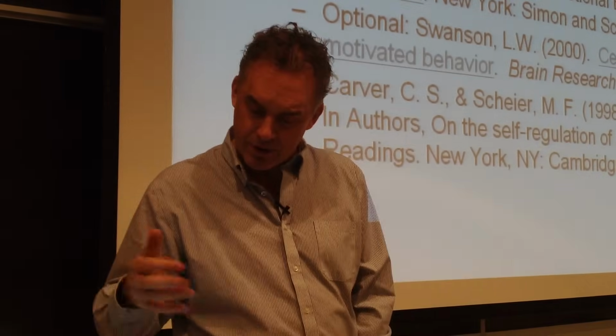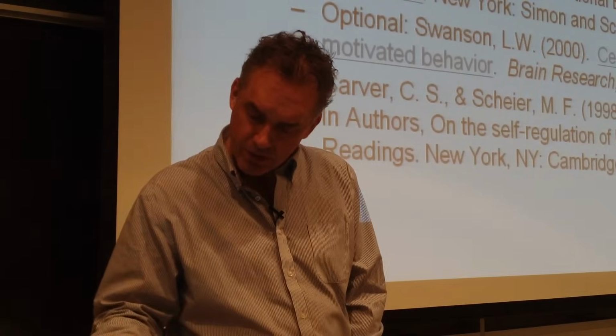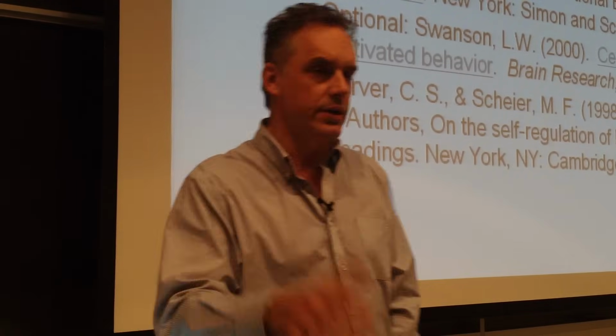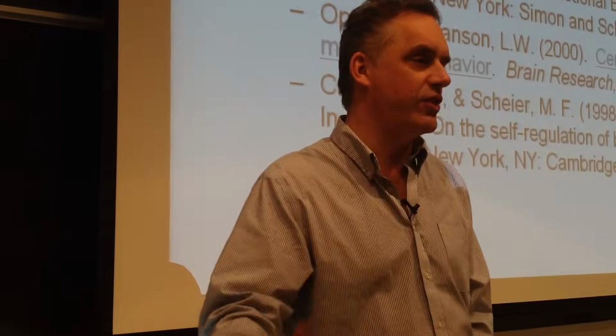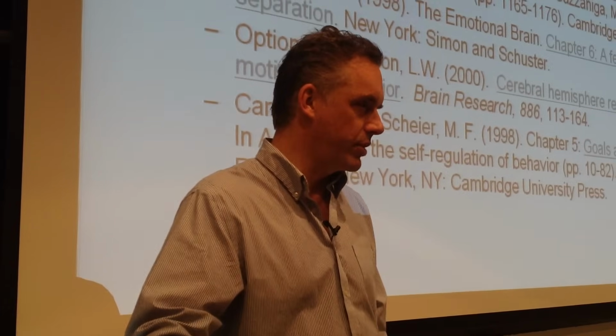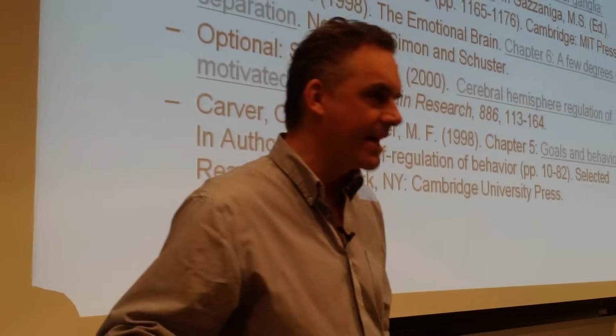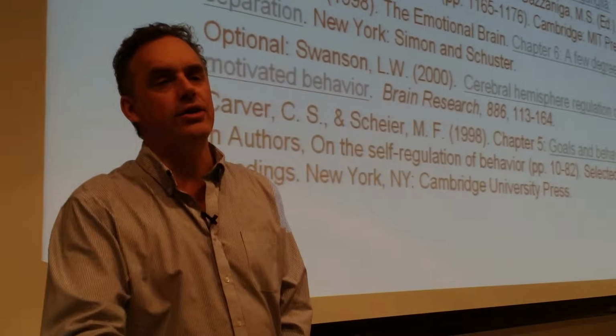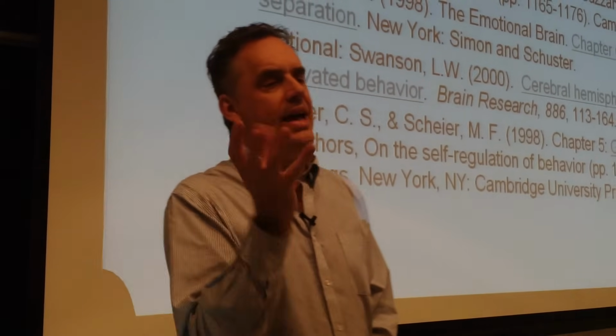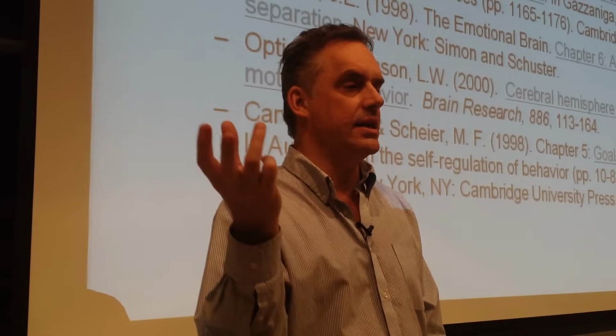Ledoux, these are all papers you're going to read except the third one, which is optional. Ledoux is an affective neuroscientist, so he's someone who studies emotions, mostly, again, in animals. And Ledoux has done a lot to add some of the pieces that we're missing in Gray.